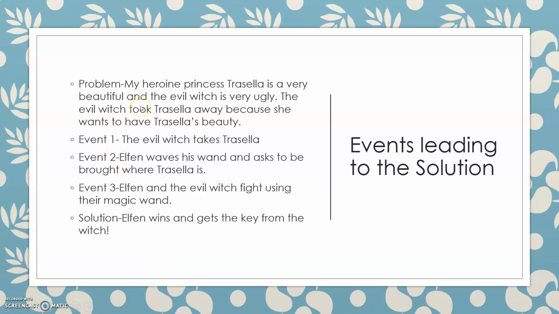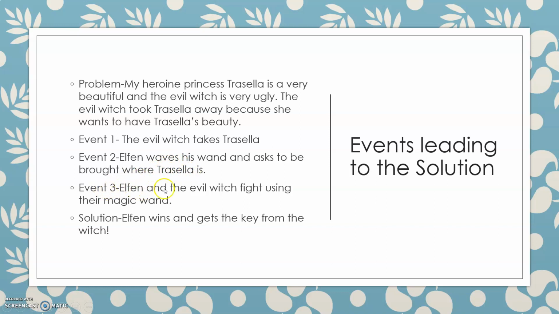Okay, so I just read you the problem, but here's event 1. The evil witch takes Tricella and maybe locks her up in a tower in her old house. In event 2, Elfrin, who is her helper, waves his wand, or she waves her wand, and asks to be brought to where Tricella is.